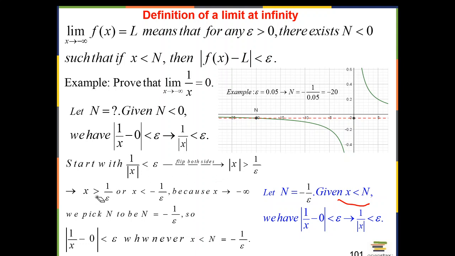And then now, x goes to negative infinity, so x approaches negative values, so we're going to say x is less than what? Negative 1 over epsilon. We get this expression, but of course, we want it to be x less than N. This is x greater than 1 over epsilon. How do we make it less than N? We know x is negative, so that means x is less than negative 1 over epsilon, right?